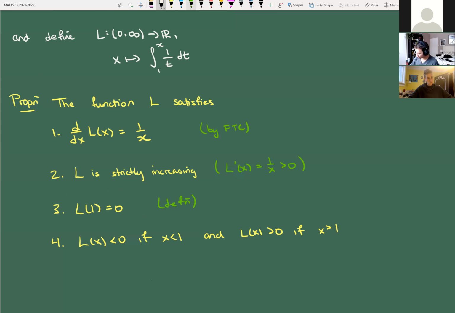And that's just by 2 and 3. Right, so the function is strictly increasing. You know it's equal to 0 at some point. So if you're strictly increasing and you go through 0, well, you had to be beneath 0 before it, and you had to be bigger than 0 after it, right? So you're done. Nothing to do there.